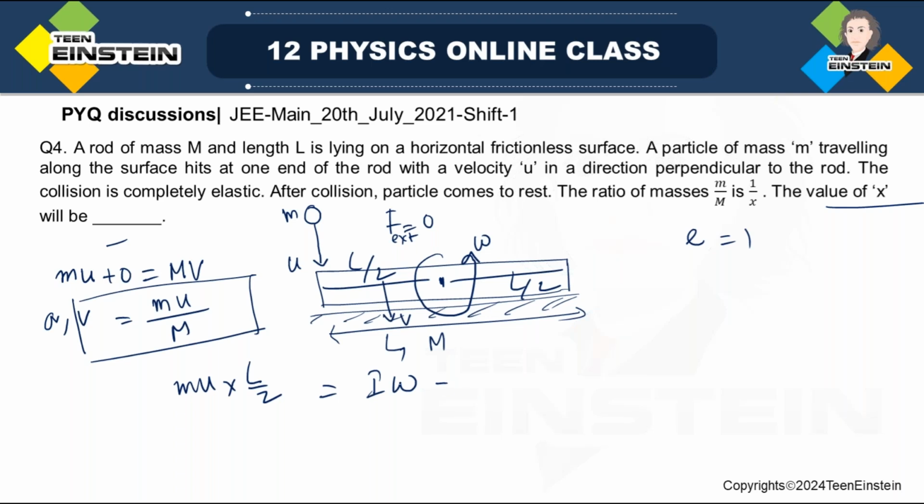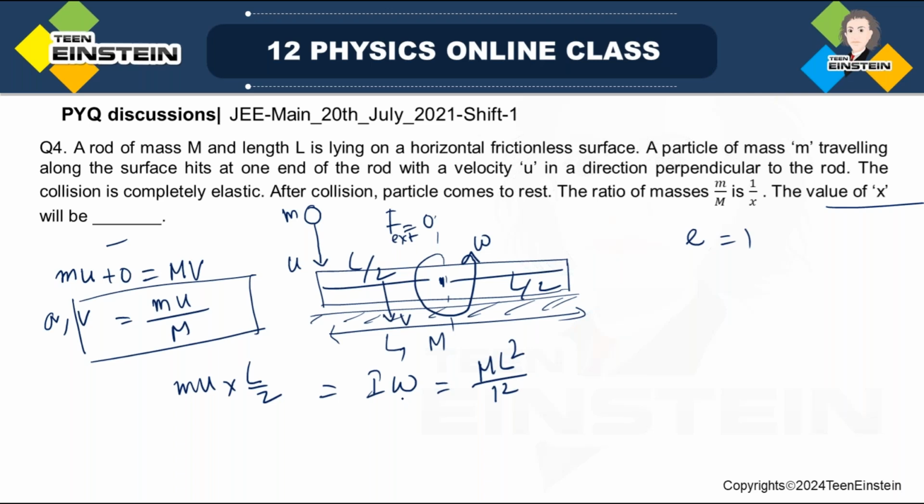See, if I find out the moment of inertia, let us consider the rotation of this rod is happening about the axis which is passing through the center of mass and perpendicular to the rod. That is actually given by M L square by 12.